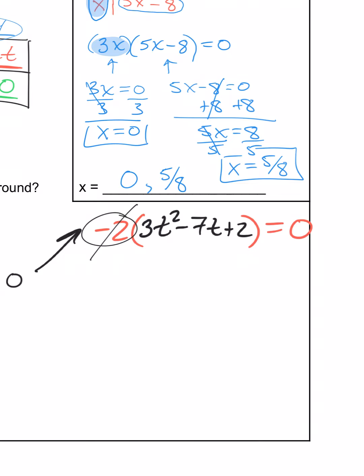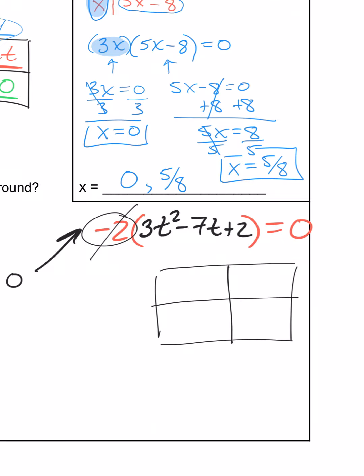Okay, let's factor. We want to use an area model, so I'm going to make an area model right here. We can put these 2 terms inside. So I'm going to put 3t squared and 2 inside. We know we have to create this negative 7t somehow.